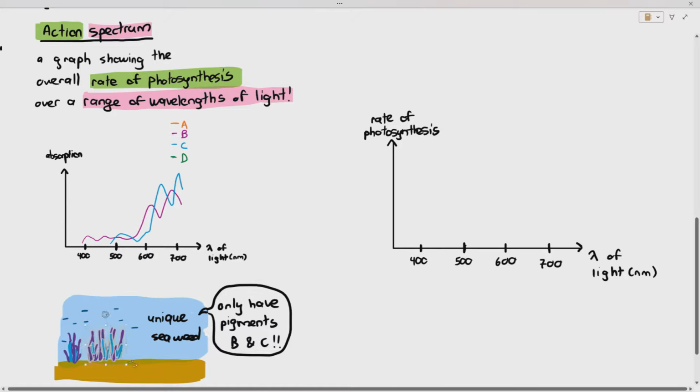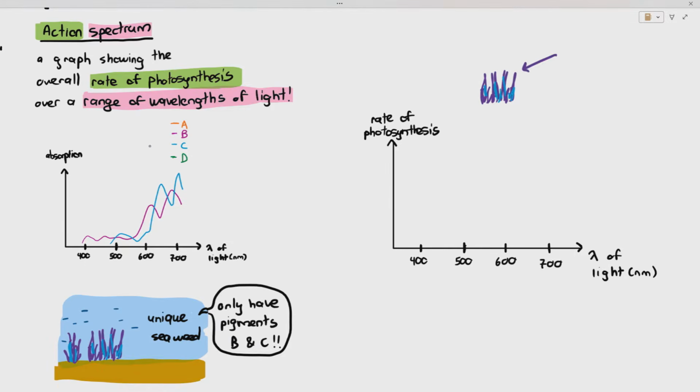So how does it affect the rate of photosynthesis in this plant? If I shine 400 nanometers of light or 500 nanometers of light, will the plant have pigments to absorb this particular wavelength of light? Look at the graph. As you can see, at 400 and 500 nanometers, pigments B and C are poor at absorbing that wavelength of light. So in that case, they will reflect it.